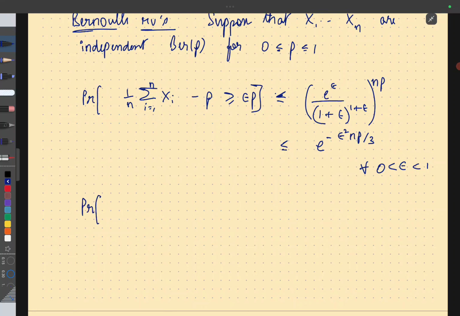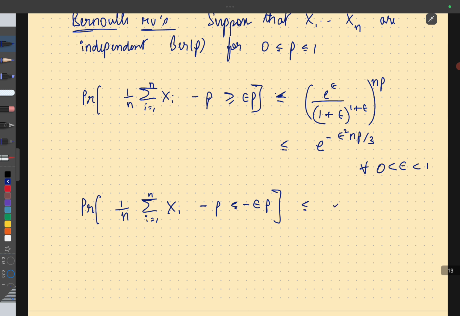And for the other tail, again you can prove an identical bound: the probability that 1 over n summation xi minus p is less than or equal to minus epsilon times p.